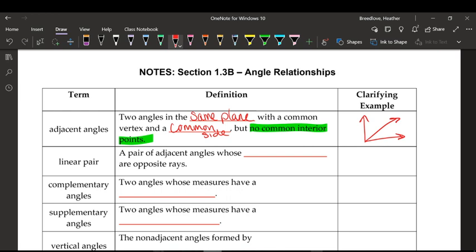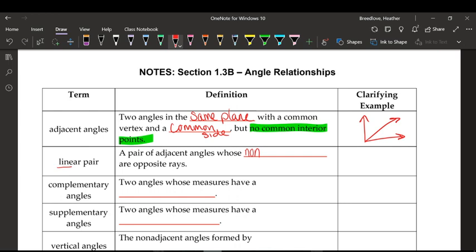Next up is linear pair. If we look at the root words here, linear, the base word there, line, and then pair is just pair. So if we have a line pair of angles, maybe a pair of angles that make a line, right? So a pair of adjacent angles whose non-common sides are opposite rays. That's a very complicated way of saying what I just said.